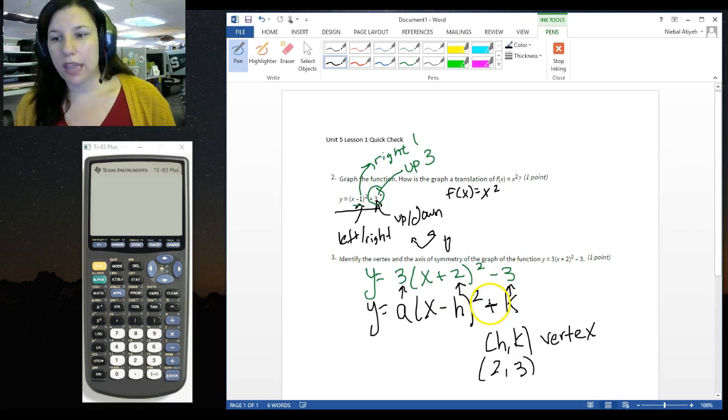In the general formula, it's a positive, but here I see a negative. So if I'm going to rewrite this so that they match up, a was 3, x minus, this minus is part of the formula. So how did it go from a minus to a plus 2? Our h must have been negative.